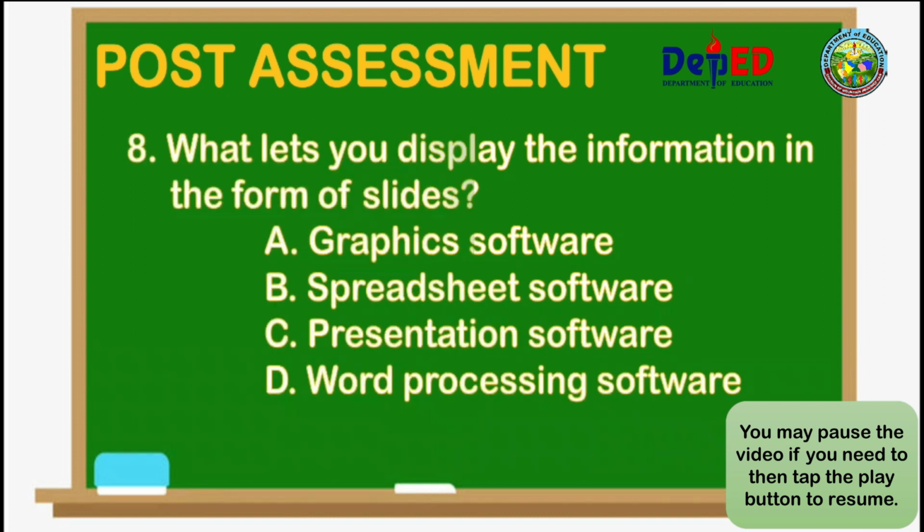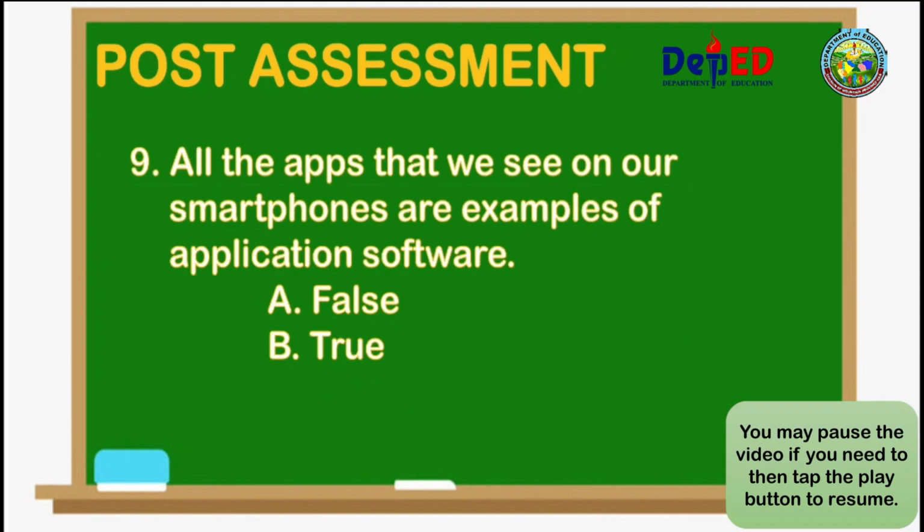Number 8. What lets you display the information in the form of slides? A. Graphic software, B. Spreadsheet software, C. Presentation software, or D. Word processing software? The correct answer is C. Presentation software. Number 9. All the apps that we see on our smartphones are examples of application software.